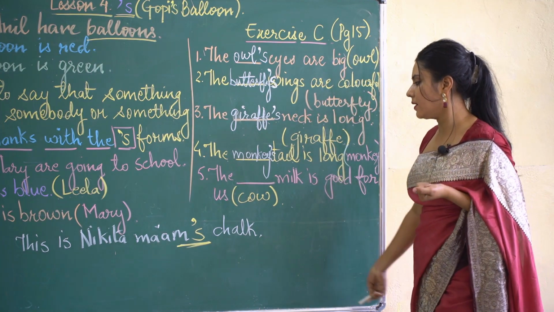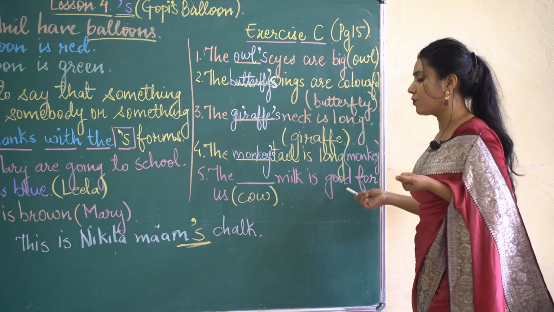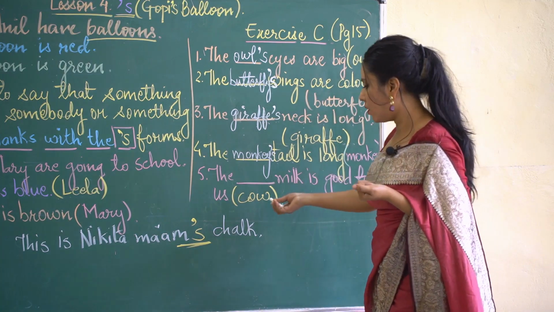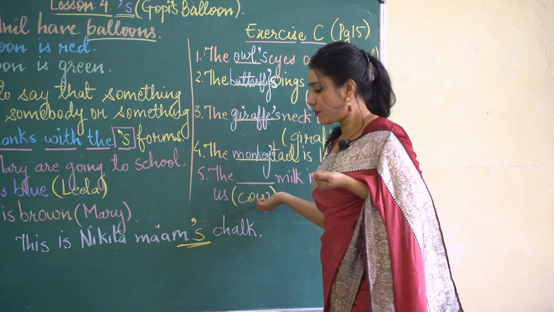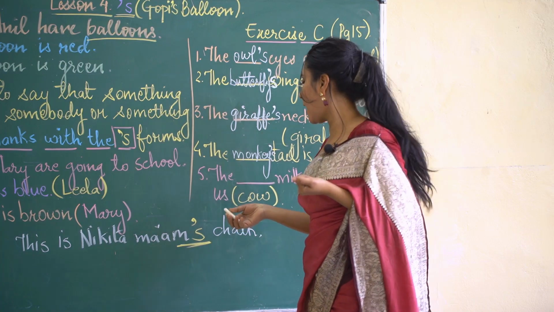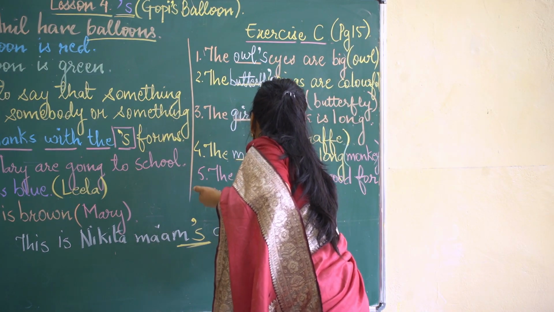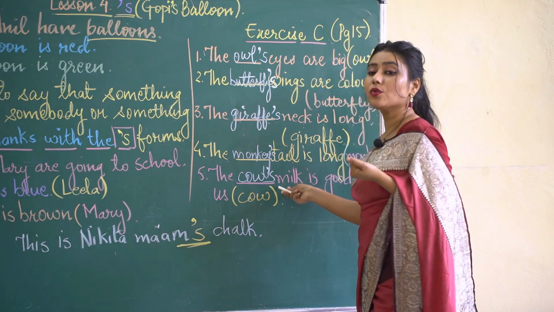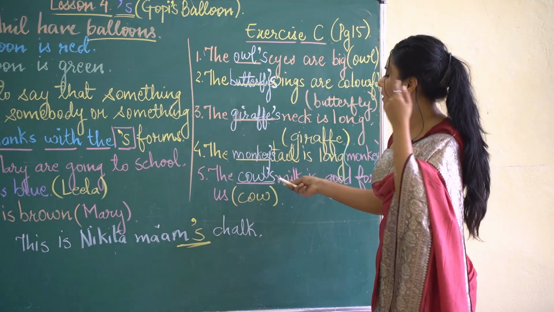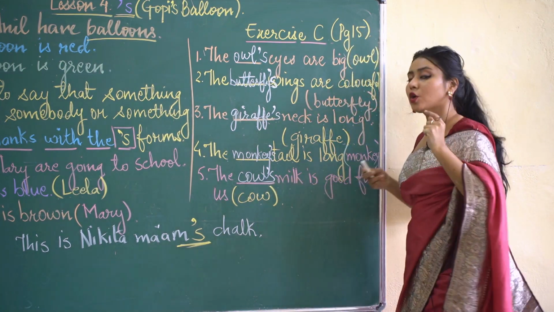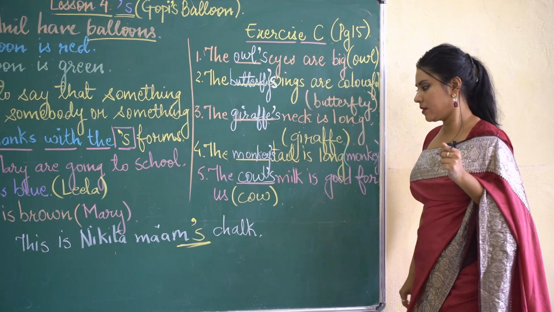And the last one, the dash milk is good for us. So there's a picture given of a cow in your book, but here I've written cow. So you will write COW apostrophe S. That's how you denote and explain that the cow's milk is good for us.